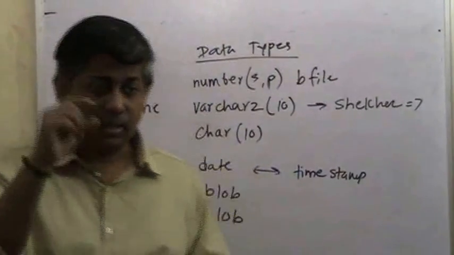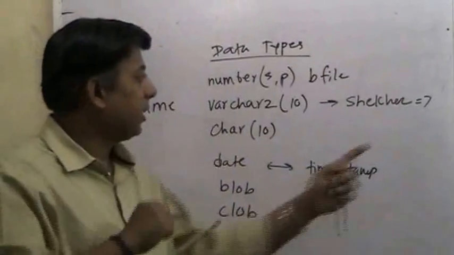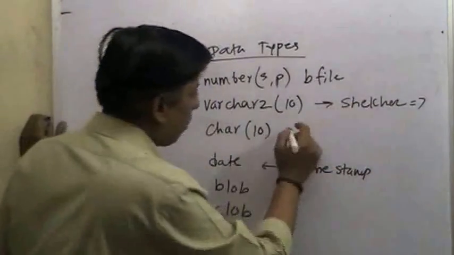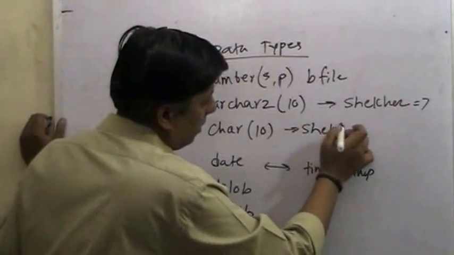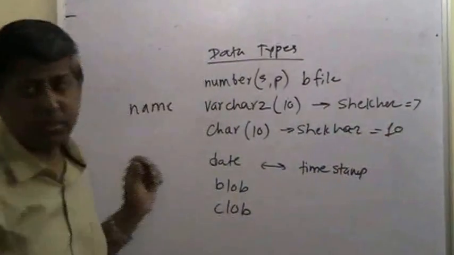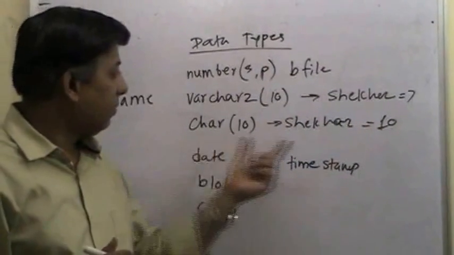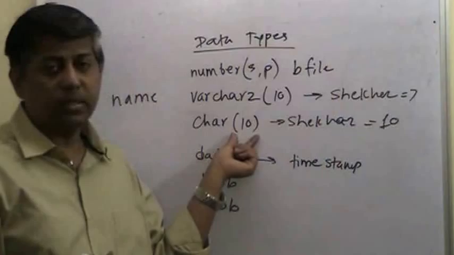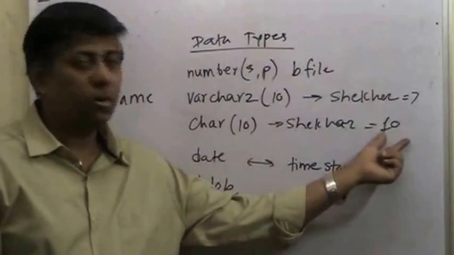So that overhead is one more extra number which will tell you 7. Now if you store shaker in char, even though this has 7 characters, it will use all 10 spaces. Because the ability to store is much bigger, it will utilize the whole ability.